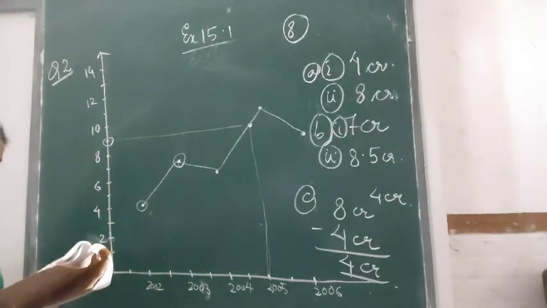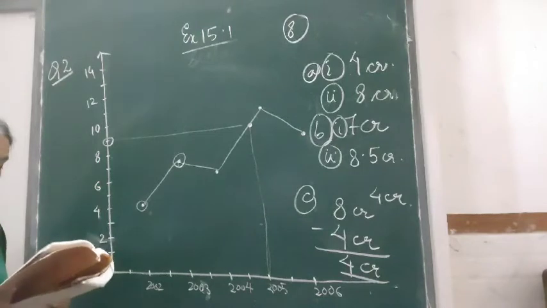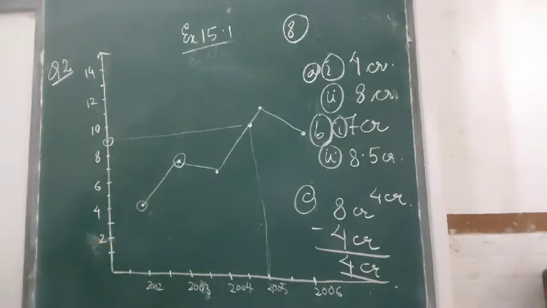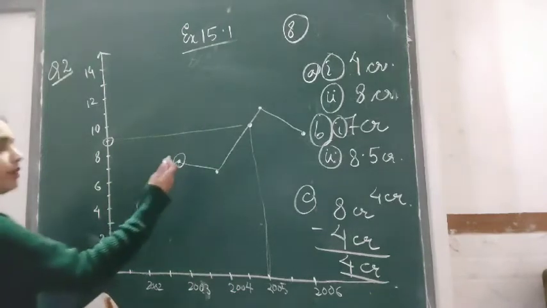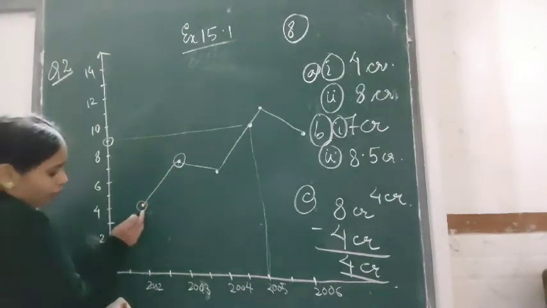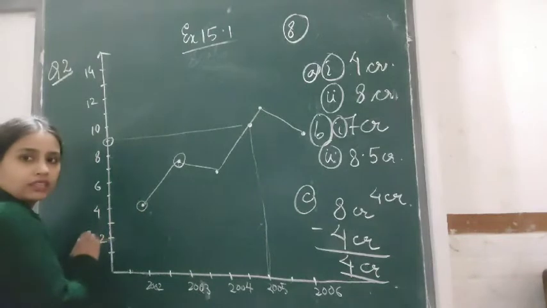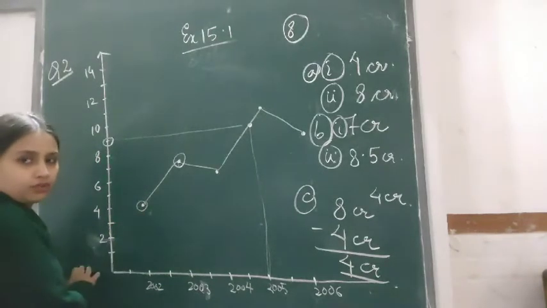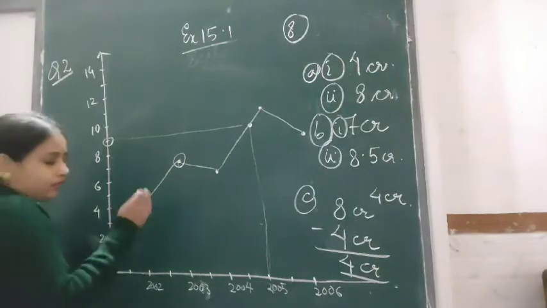Then we go to D. In which year was there the greatest difference between the sales as compared to the previous year? Previous year means if we talk about 2002, we need to know the difference between 2002 and 2001. Here we don't know 2001, so we leave it.